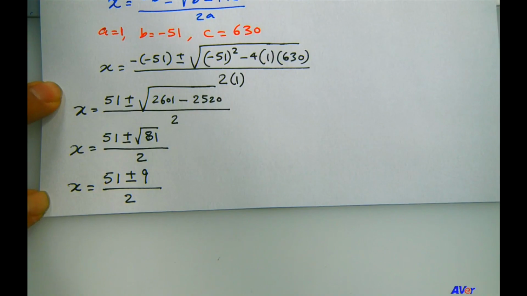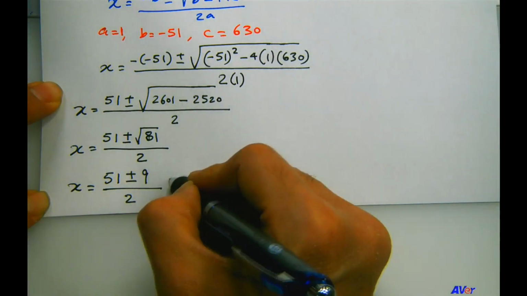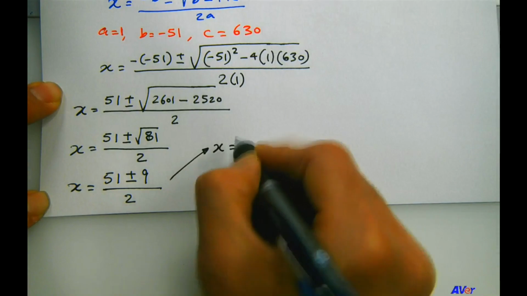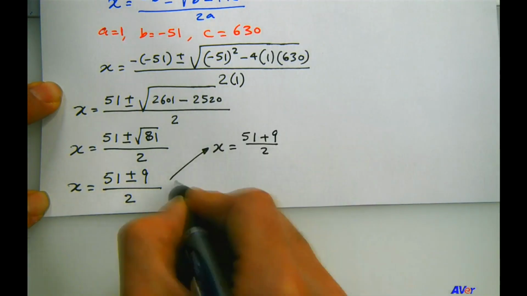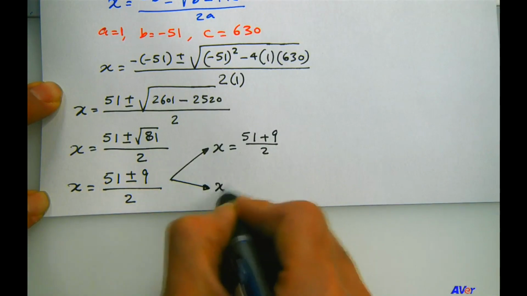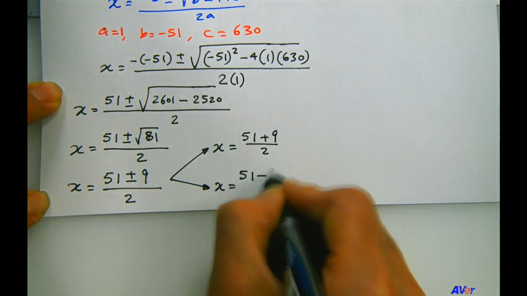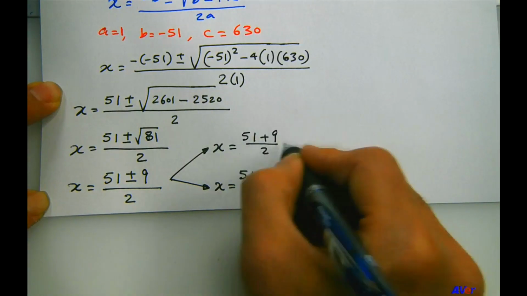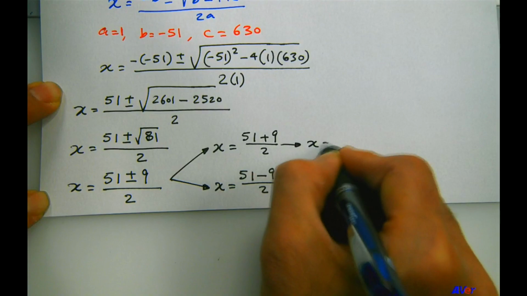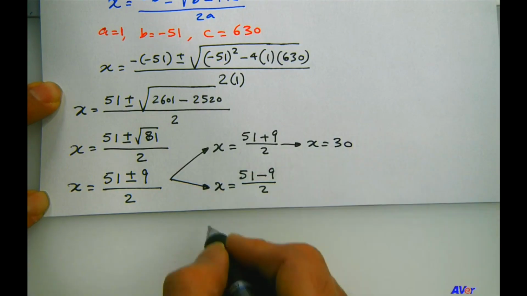Okay, so one x is equal to 51 plus 9 over 2. Another x is equal to 51 minus 9 over 2. So this will be 60 divided by 2, so x equals 30, right?